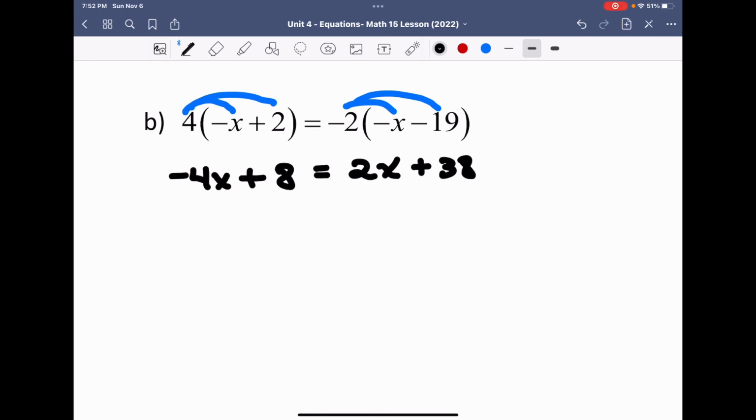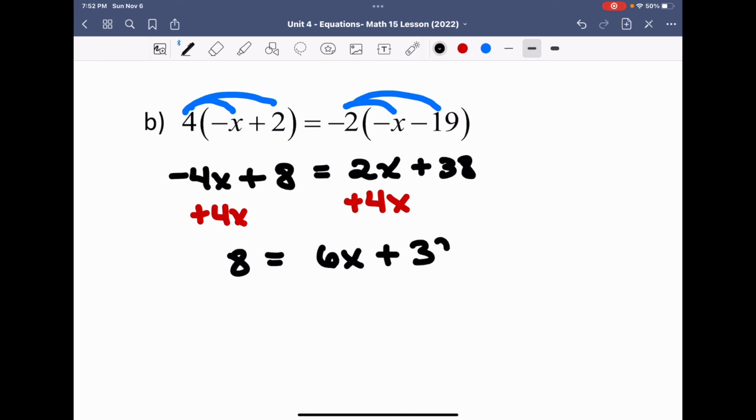All right, now we're going to algebraically move our terms depending on which one is less. If I want to keep the x positive, I have to take the x's from the left and move them to the right. It's the more negative values, so I add 4x to both sides. So I'm going to be left with 8 is equal to 6x plus 38.